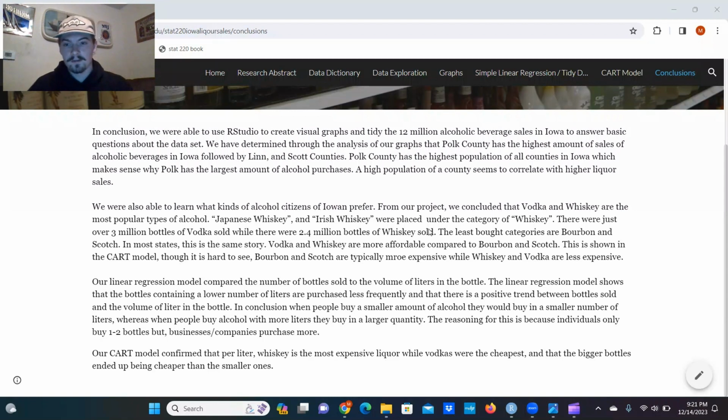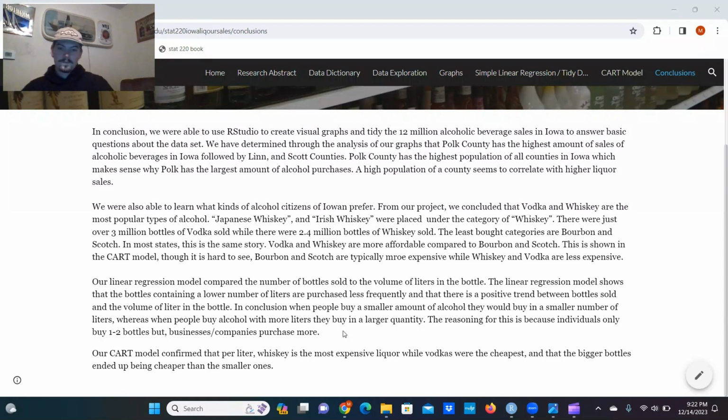So the more liters in the bottle, the more likely it is to be sold. In conclusion, when people buy a smaller amount of alcohol, they buy it in smaller bottles, whereas when people buy more alcohol, they buy it in a larger quantity. The reasoning for this is that individuals only buy 1 to 2 bottles, but businesses and companies purchase more.